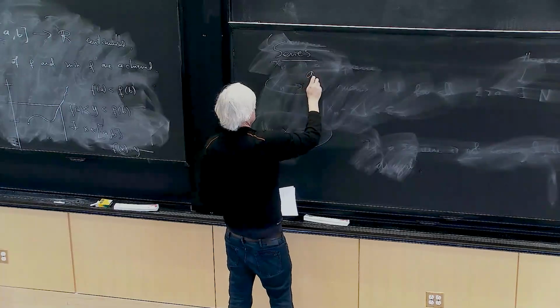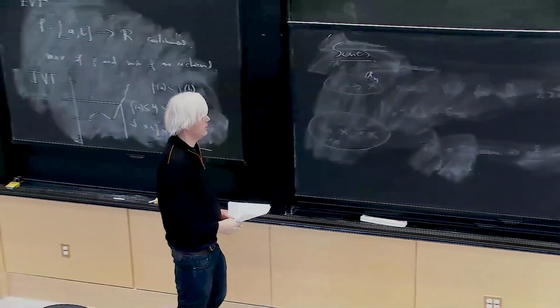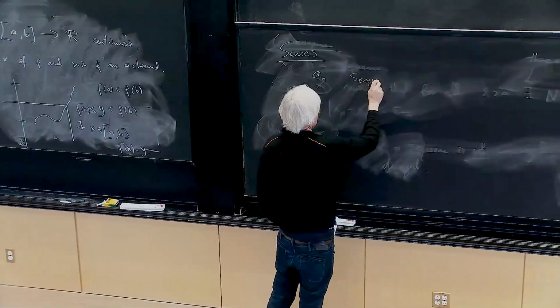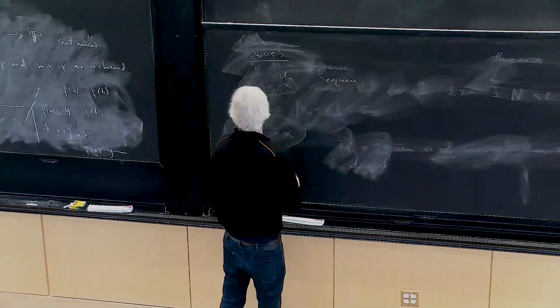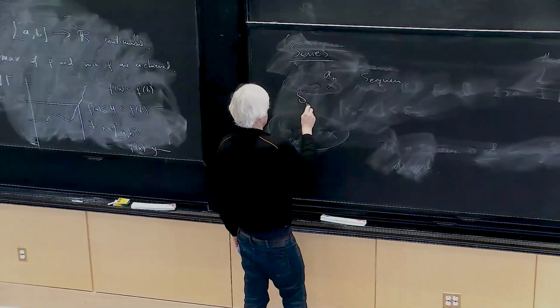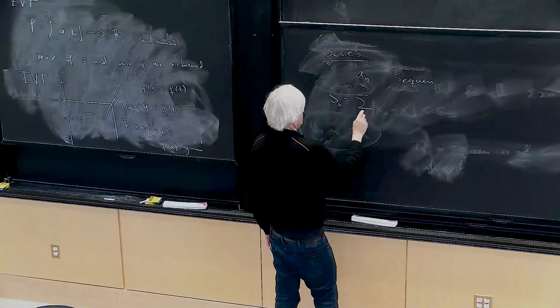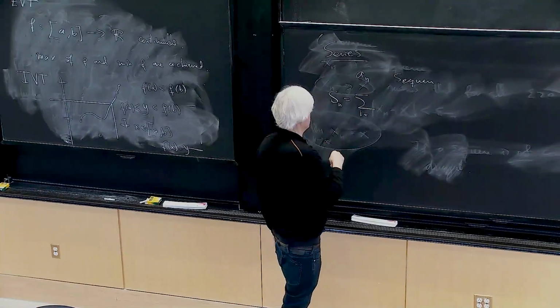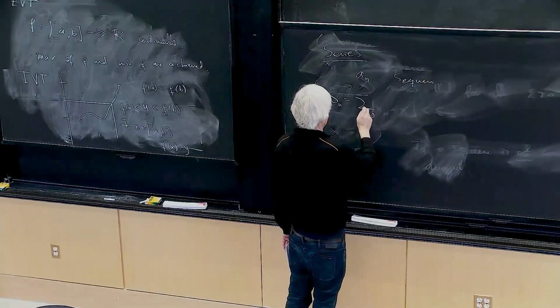So series is where you start with a sequence. So this here is a sequence. And now you form another sequence, S_n, where you're summing, and it could start wherever you want to start it. Let's say it starts from 0.